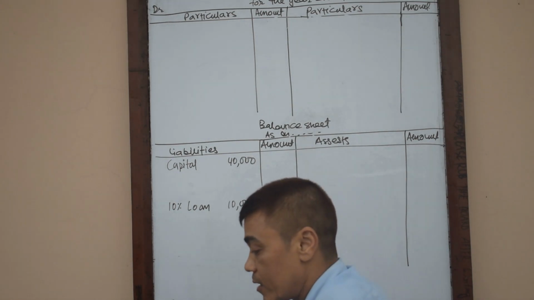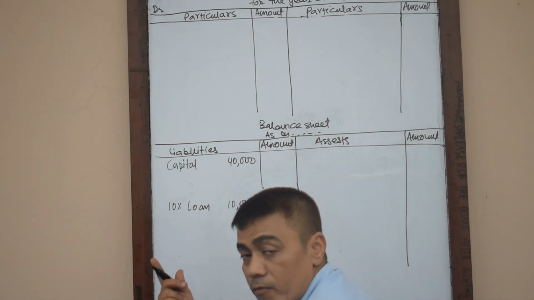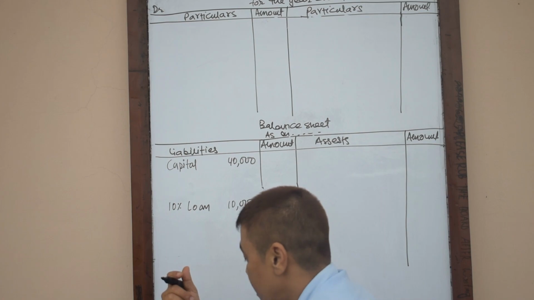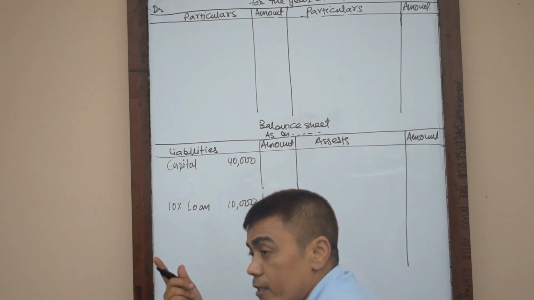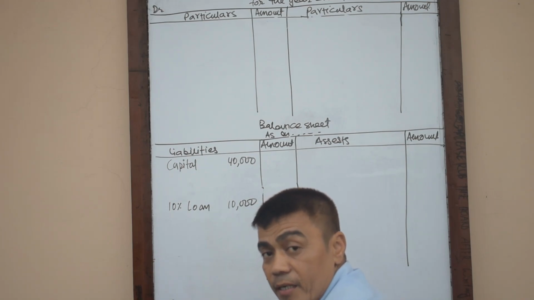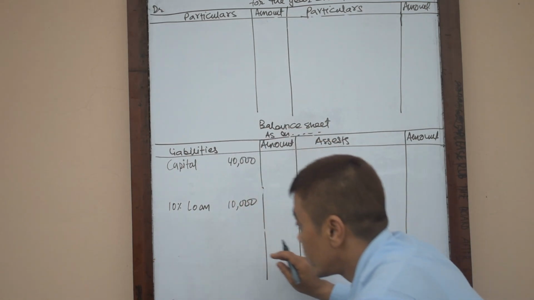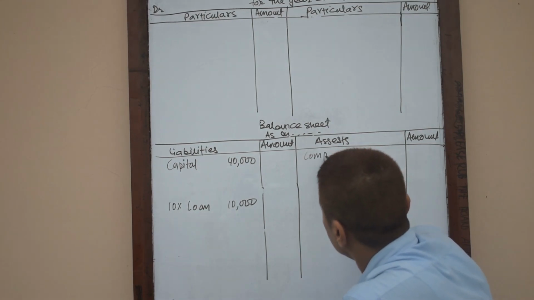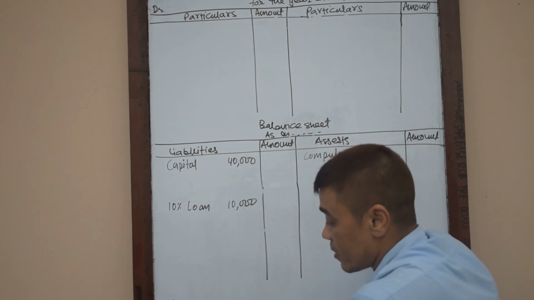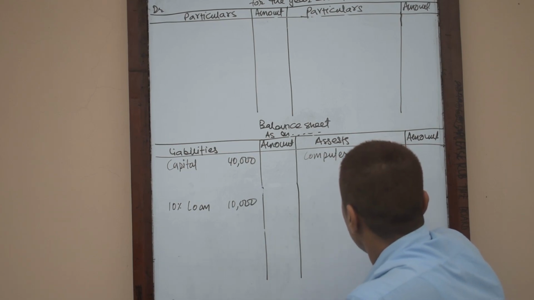Likewise, outstanding salary, I'm looking at the balance sheet of the previous year. So outstanding salary we are not going to record because it is the previous year's outstanding. That means we might have paid it this year. Next, on the asset side, I can see here computer. Since depreciation is given, I'm writing this inside 38,000.